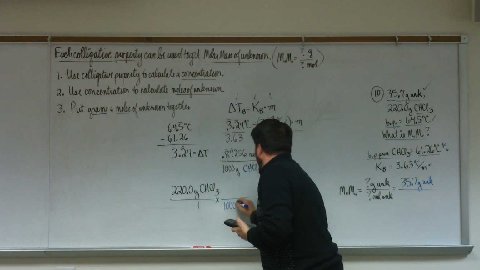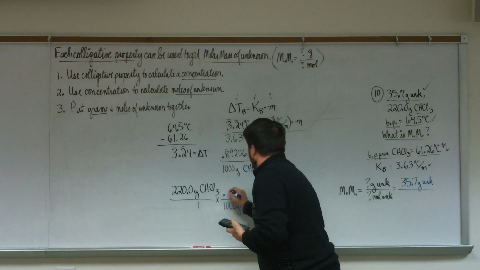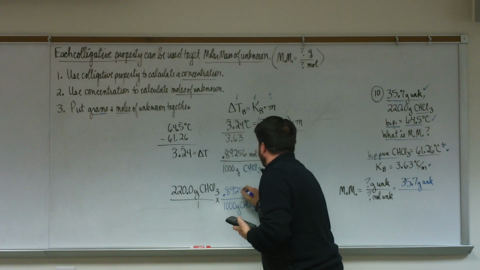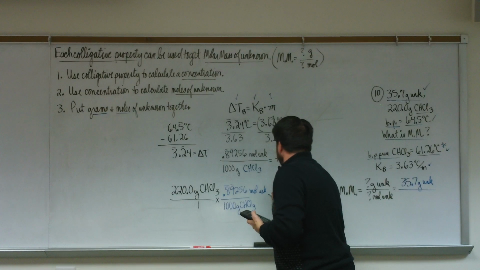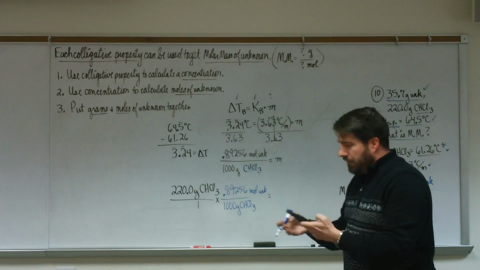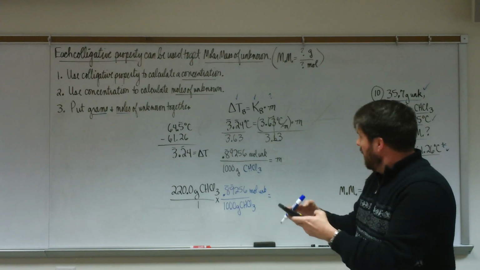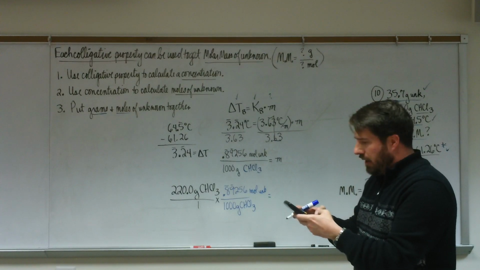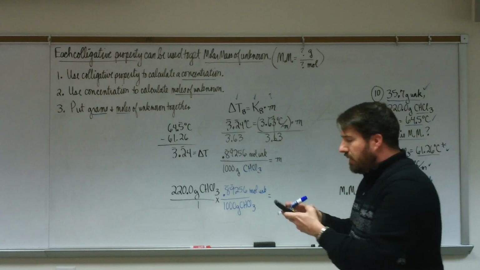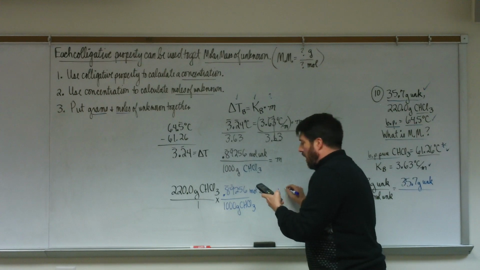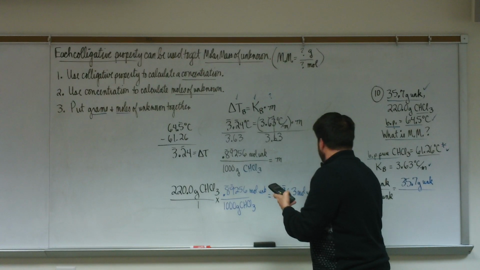For every 1,000 grams of the CHCl3, there must be this number, 0.89256. It keeps going, 2 sig figs, moles of the unknown. Well, we can do this division. So we have the number still on our calculator. So that number times 220, and then divided by the 1,000, is claiming that there's only 0.1963, 2 sig figs, moles of the unknown.